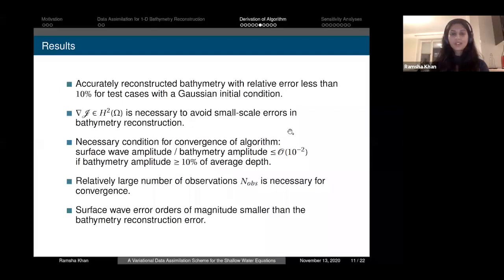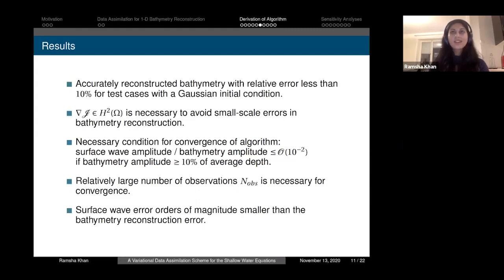Secondly, and this was one of the main significant results, we saw that we needed our gradient to be relatively smoother than L2 or even H1 in order to accurately reconstruct the bathymetry and remove small scale noise.